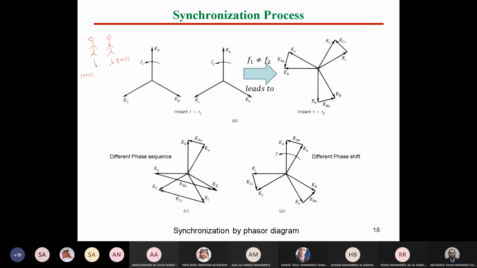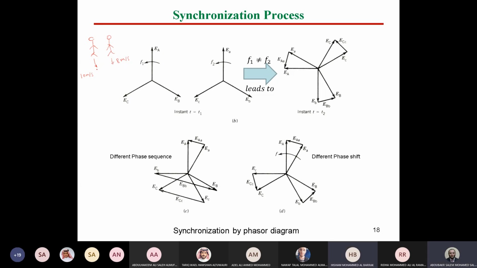This means if they start from the beginning together and they are moving in a circle, this one is faster than that one, right?